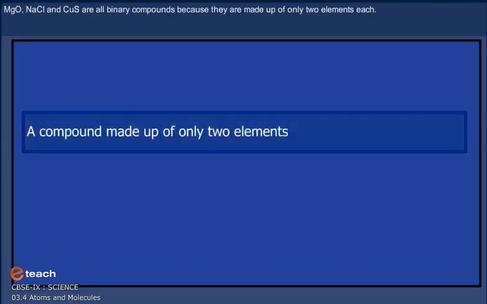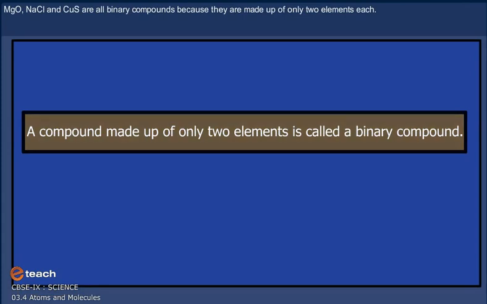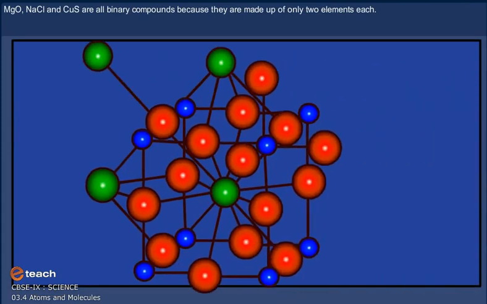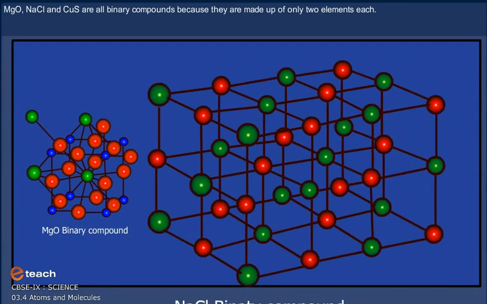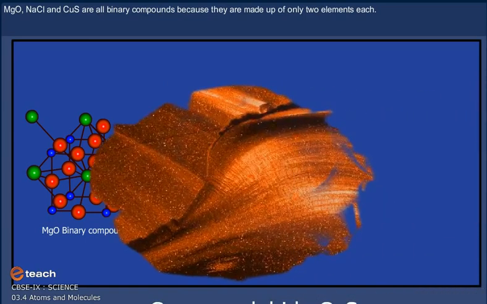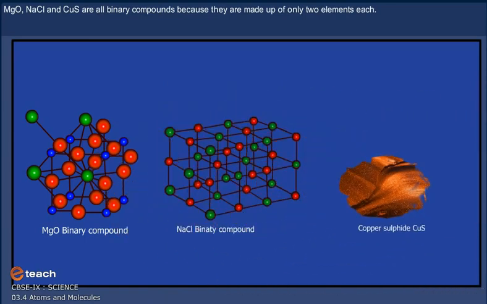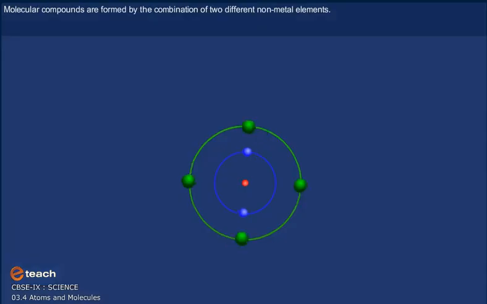A compound made up of only two elements is called a binary compound. MgO, NaCl, and CuS are all binary compounds because they are made up of only two elements each. Molecular compounds are formed by the combination between two different non-metal elements.